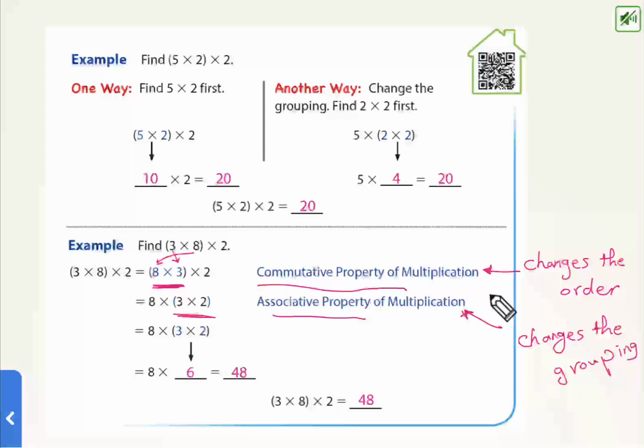Because of these two properties, we can choose any two factors to multiply first, then multiply the third one. So we choose to multiply 3 by 2 first, we get 6, then multiply 8 by 6, we get 48. Any problems? Any questions?